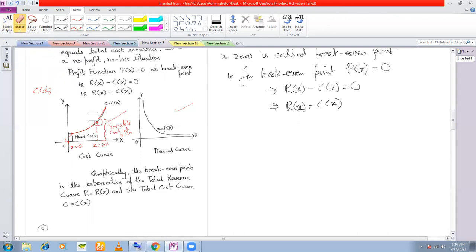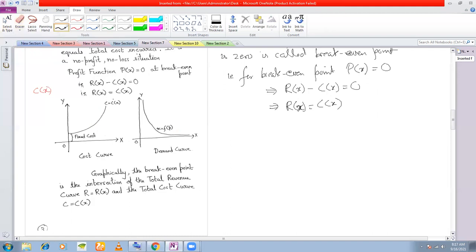Similarly, you can have a demand curve also, because you have a demand function. What is the demand function? The demand function is x is equal to f(p). When you draw the demand curve, you will be able to get the demand at each point on the demand curve. For example, for different prices, what is the demand?